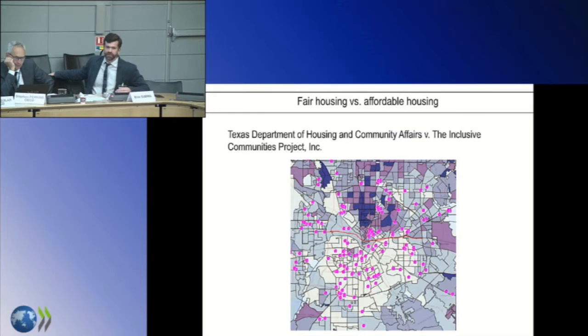This led to a recent Supreme Court case and ruling, and this comes up a lot in discussions about affordable housing: whether we want affordable housing in areas that have good access, where there are high concentrations of need, or in suburban areas where you might have better schools and be surrounded by wealthier households. So this is part of a larger debate, but it's certainly one of the critiques of using these place-based indices to locate affordable housing.